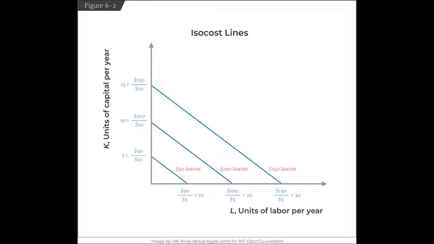Take the middle one, the $100 iso-cost. This is saying, what combinations of labor and capital cost you $100? Well, with a rental rate of $10 and a wage of $5, you could have 10 machines and no workers, or 20 workers and no machines, or some combination in between.